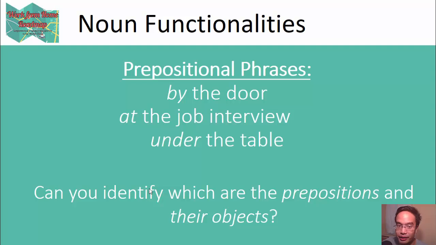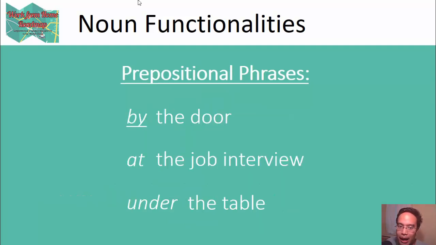We have a couple of prepositional phrases here: by the door, at the job interview, under the table. Can you identify which are the prepositions and their objects? By the door.